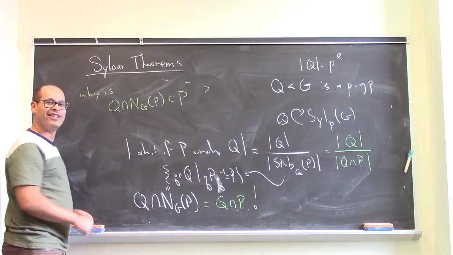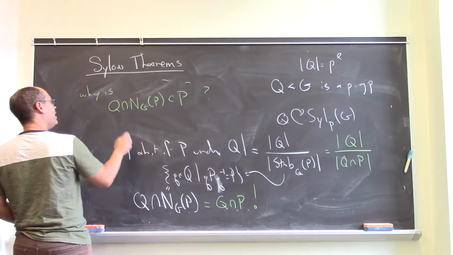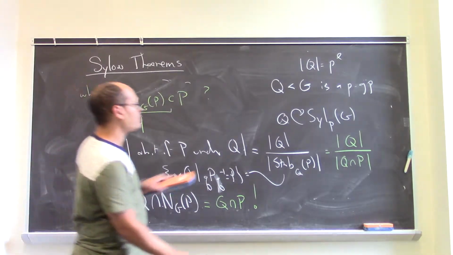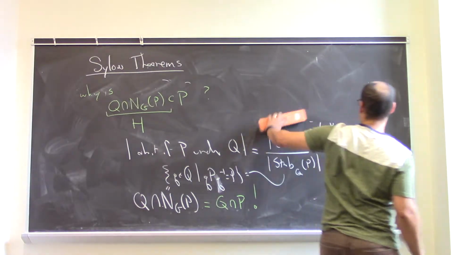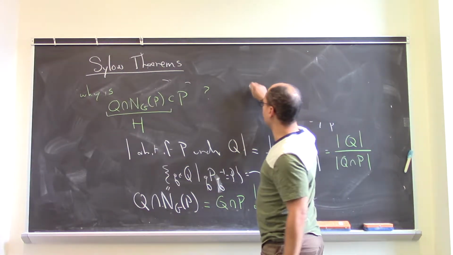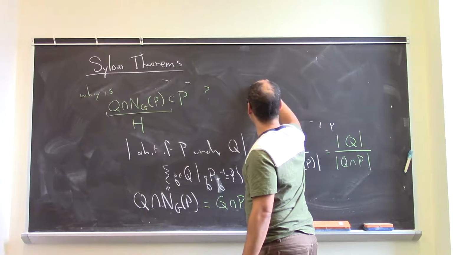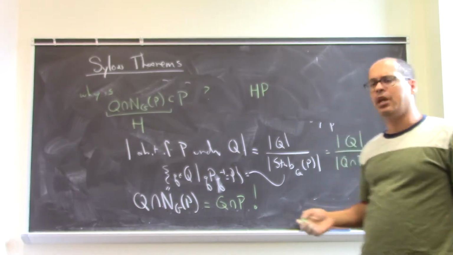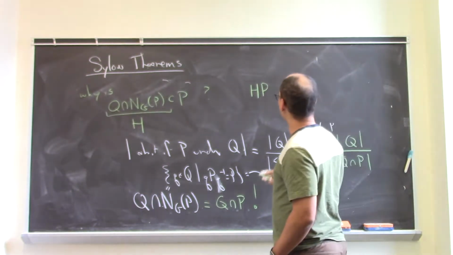Well, here's why. If you look at this thing, and I'll call this thing H for a moment, then I can look at H times P. What you know is that H times P is actually a group. Why?